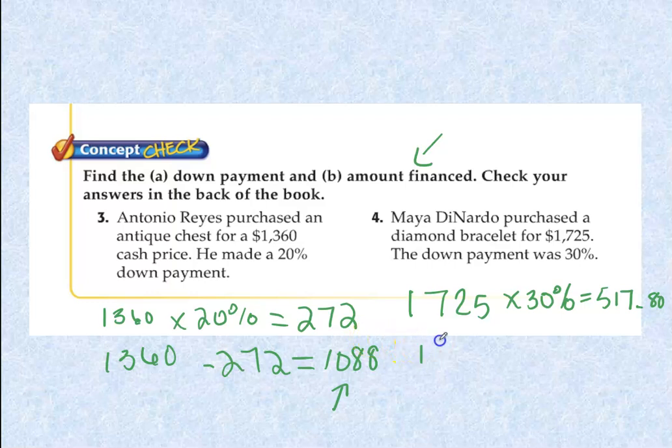Then I will take this, subtract, oh, I'm sorry, $517.50. Can't read my own writing. And I'm going to subtract then, that's the next step. And then this is how much I would finance. Hopefully it's $750.